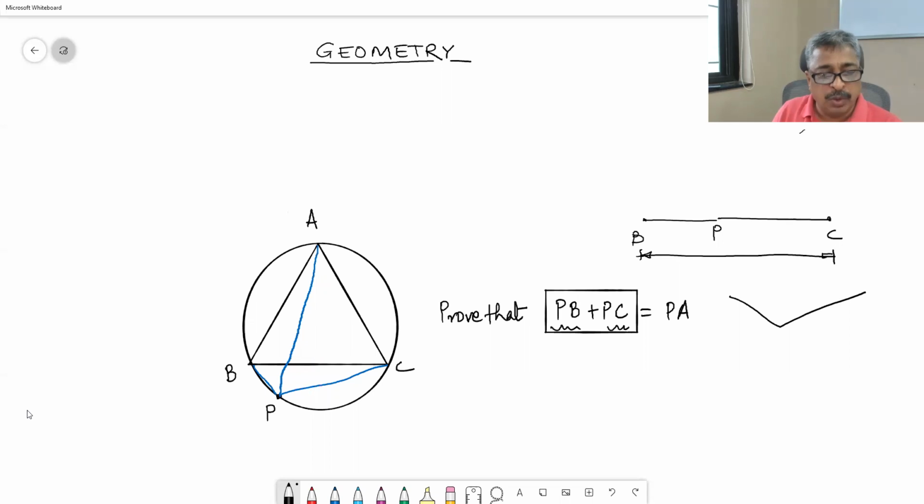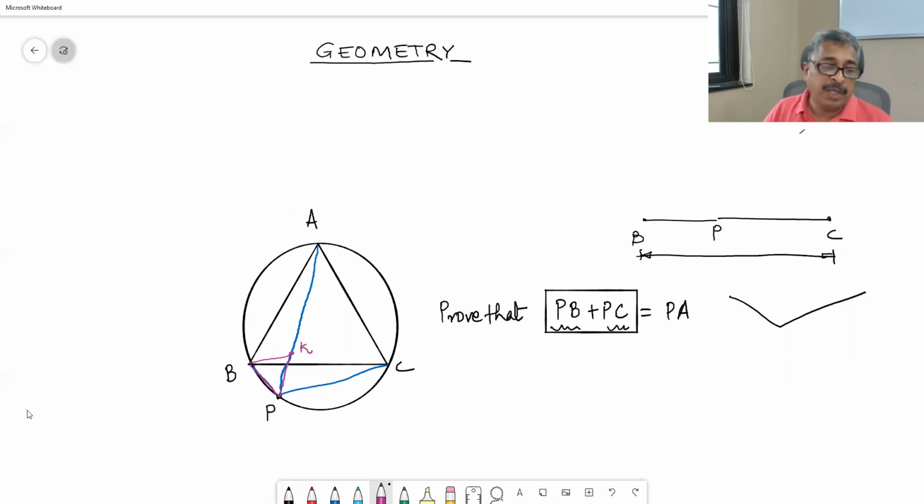Okay. What I would prefer to do is to take a point here and let that point K be such that PK is equal to PB. Join BK. This is the triangle under consideration.